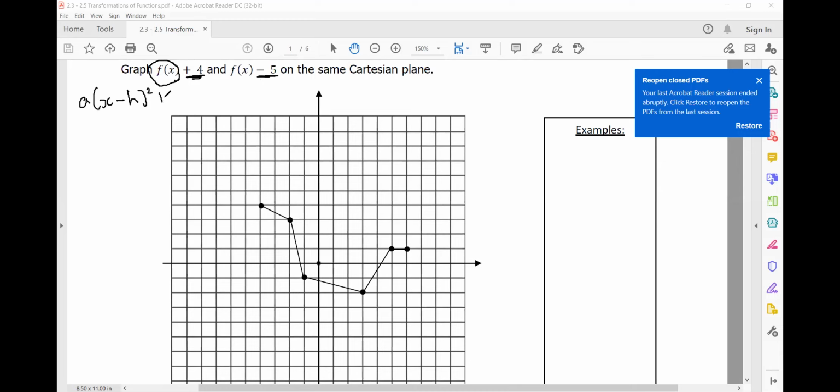Who remembers this? James, do you remember what this represents and what that represents and what this represents? Give me one of them. The A would be the stretch or compression. Yeah, vertical stretch or compression.